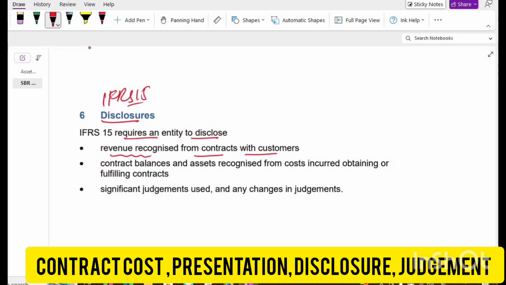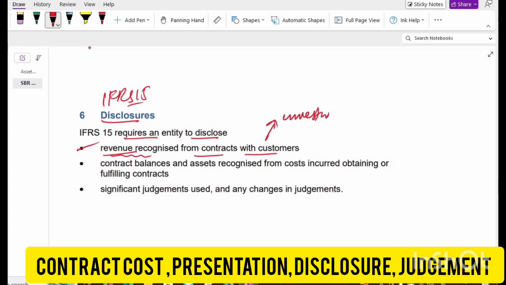So this means that the company must show how much revenue it has earned from contracts with customers during the period, and why it matters. This will help investors and stakeholders understand the total revenue the company has generated from its contracts. Clear? So you have to disclose the revenue recognized.